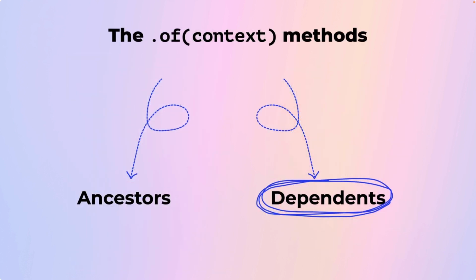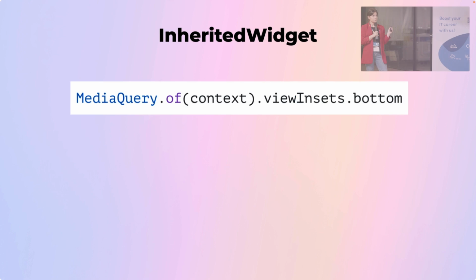All right, now let's take a look at the other type of widgets that are called using this pattern. So you have all probably used MediaQuery.of(context), for example, to get the viewInsets bottom to calculate the space on top of the keyboard.